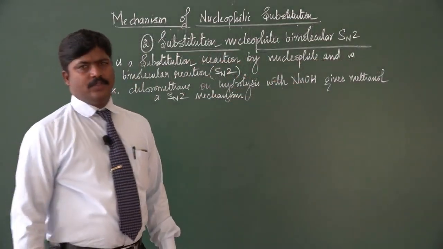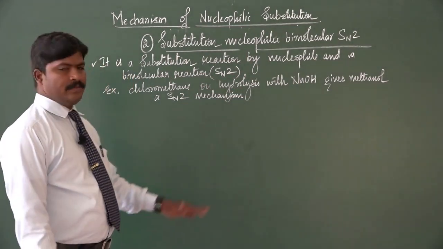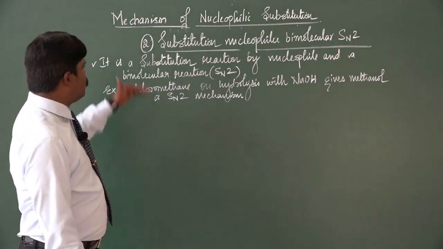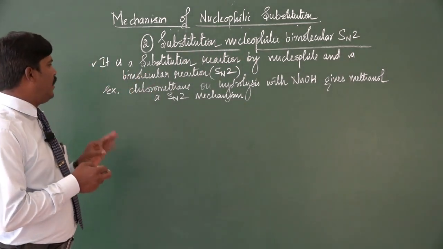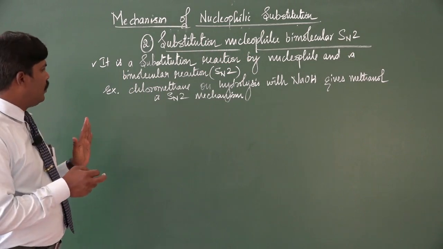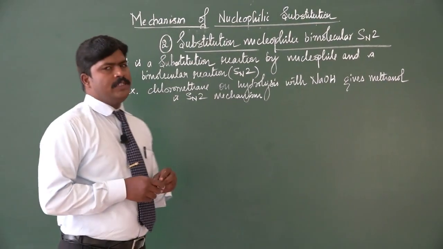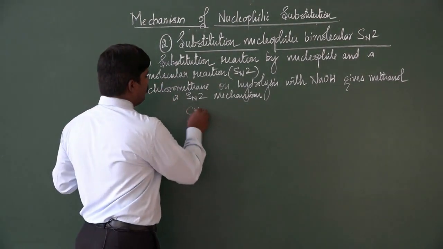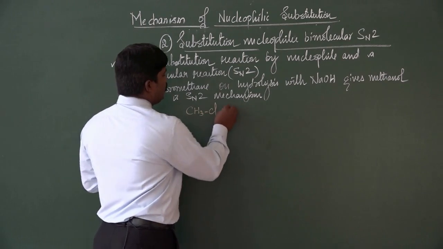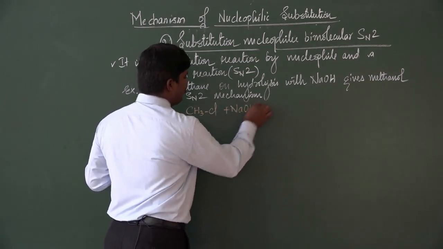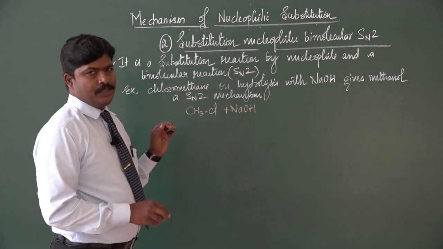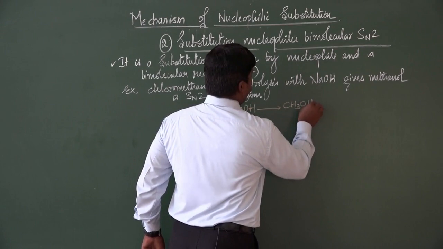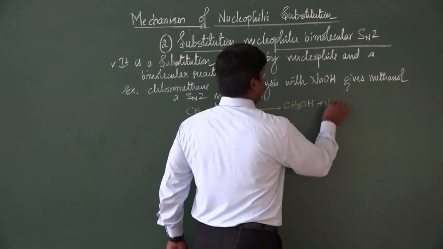Now coming to the SN2 mechanism, that is substitution nucleophilic bimolecular, SN2. It is a substitution reaction by a nucleophile and a bimolecular reaction. Example: chloromethane on hydrolysis with NaOH gives methanol. That means if I take CH3Cl plus NaOH, as we have learnt already in the first type of nucleophilic substitution reaction, it forms methanol, CH3OH, plus NaCl.